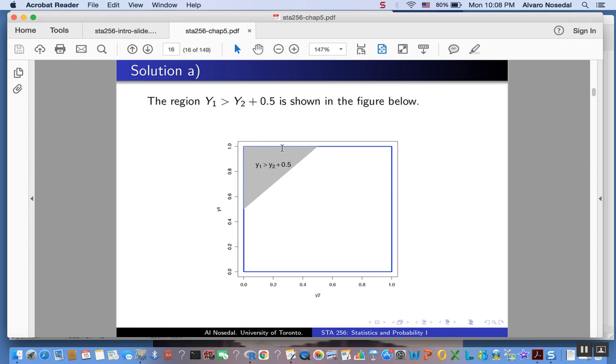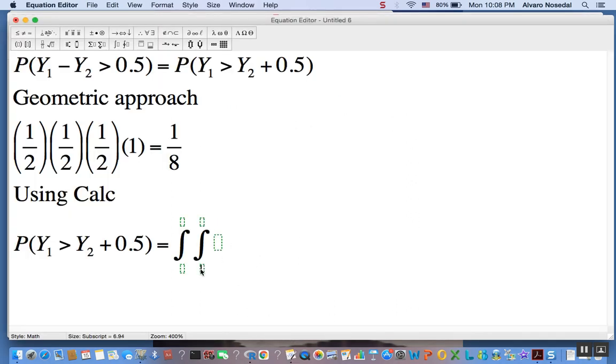So let me integrate first with respect to y1. y1 must be above y2 plus 0.5 up to 1, and the joint density function is just a beautiful 1, and I'm integrating with respect to y1 first. That's the first one.